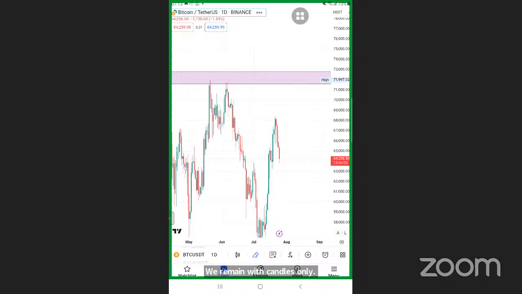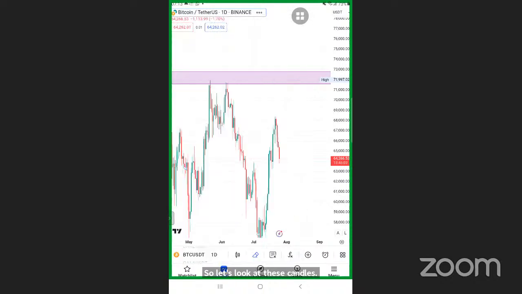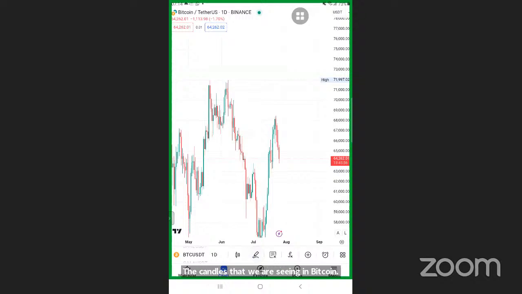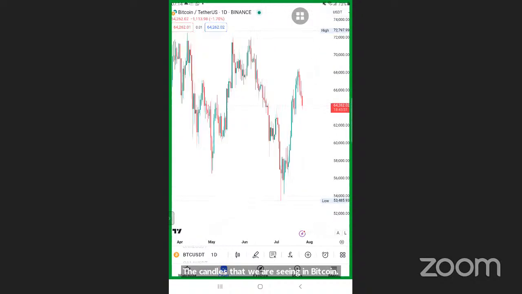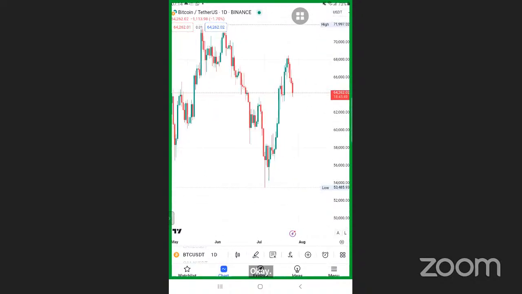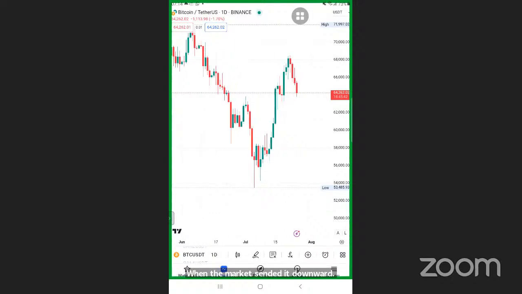Okay, let's look at these candles that we are seeing in Bitcoin. Let's look at here when the market trended downward and then it made a reverse here.